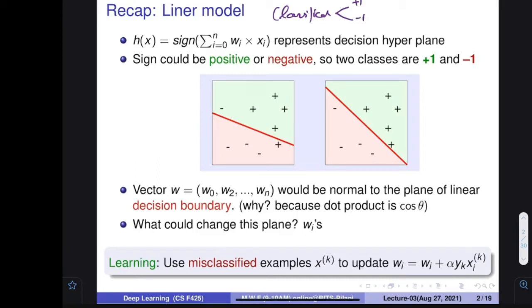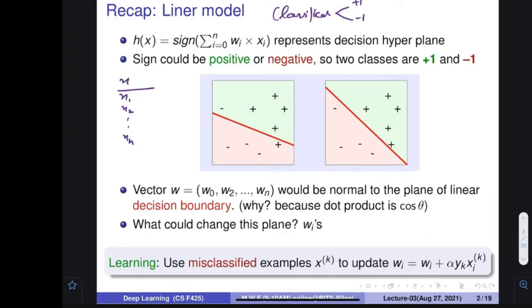We were talking about a credit approval problem where there was some person having x1, x2, up to xn, n number of attributes, maybe age, maybe his salary, maybe other factors.